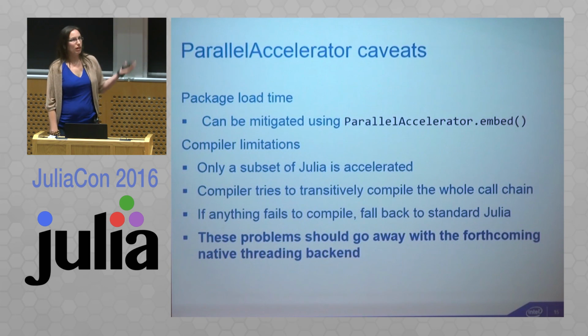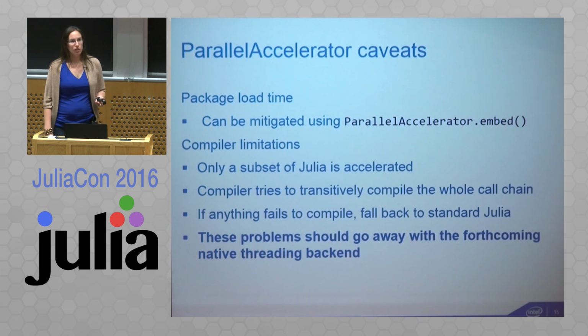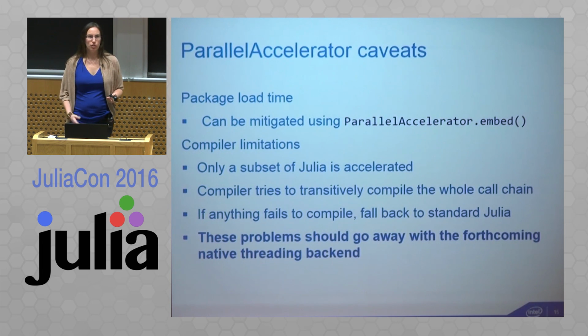The examples in this talk give an idea of what kinds of programs we can support currently, and for more, you can look at our GitHub repo where there's an examples directory. But if Parallel Accelerator can't compile something in an ACC annotated function, it'll just fall back to running the function under regular Julia, and it'll give you a warning saying that it couldn't accelerate the code. So your code will run regardless of whether Parallel Accelerator can speed it up.